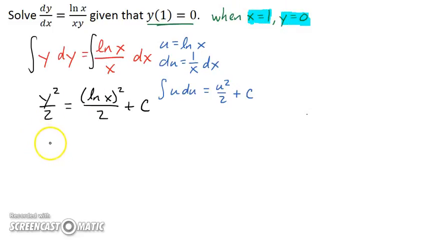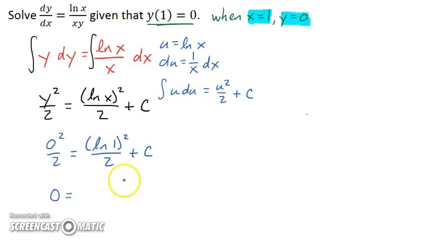So we get 0 for y whenever x is 1. Well, you know, 0 squared divided by 2 is 0. ln of 1, the power you'd raise e to get 1, hey, that's 0 also. So guess what? In this case, c is just 0.